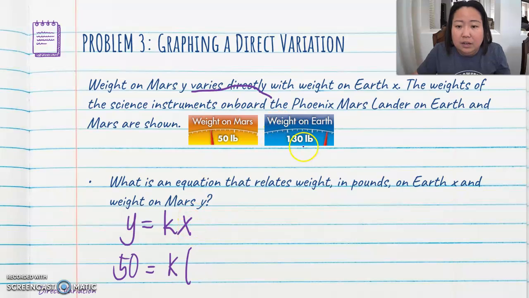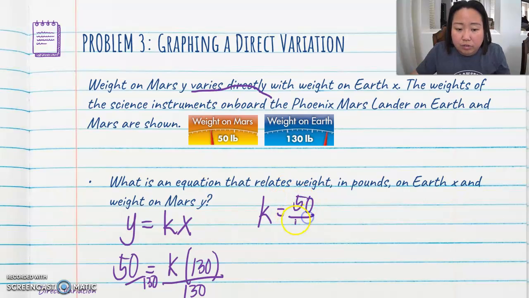And on this side, the weight on Earth is 130 pounds. So solving for k, we have to divide this whole thing by 130. So k is now going to be 50 over 130, which you can simplify as a fraction, which is 5 over 13.